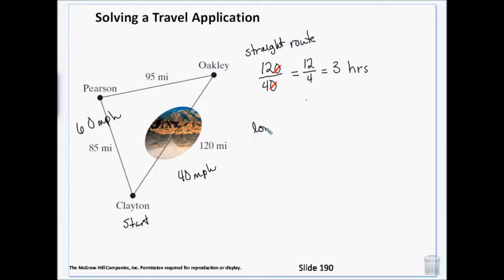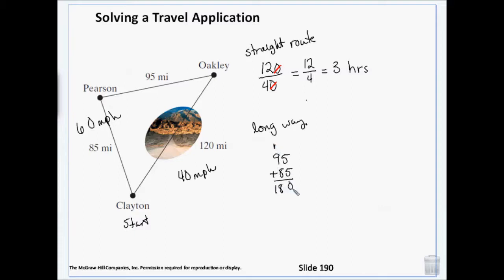Now the long way, faster but longer. Before we can figure out how many hours it's going to take her, we need to figure out how far she is driving. So we're going to add the two distances together from Clayton to Pearson and then from Pearson to Oakley.